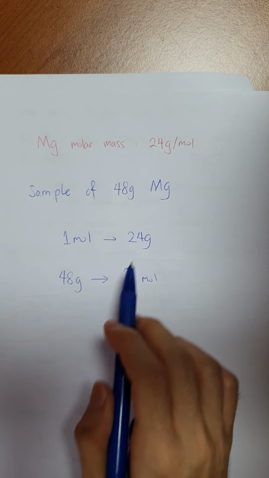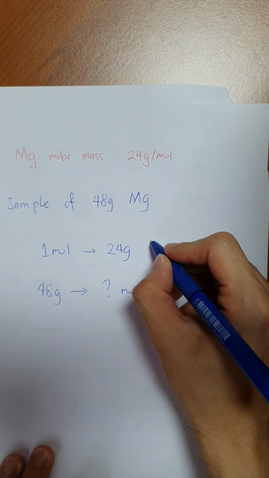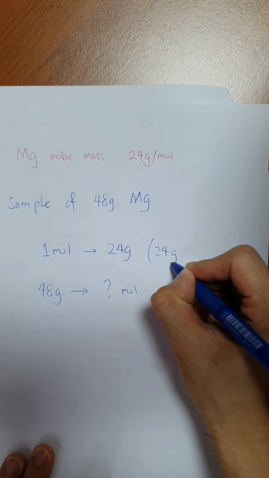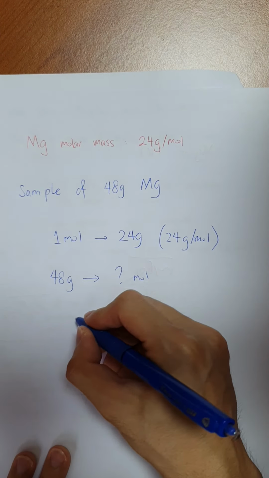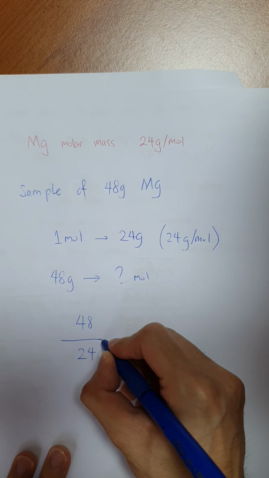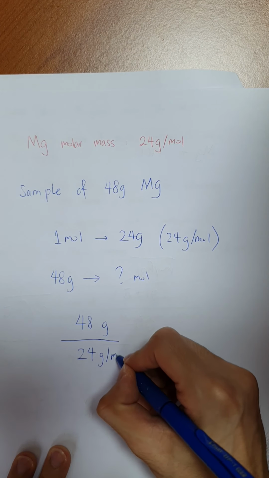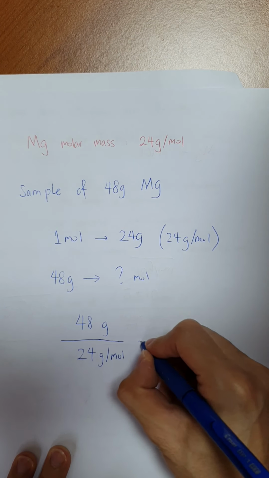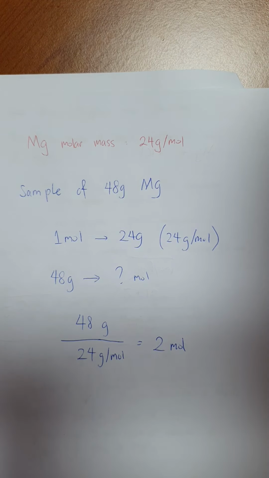But I already know that 1 mole represents 24 grams. So in this case, what does that mean? It is 24 grams a mole, right? So all I have to do is use 48 to divide by 24. 48 grams divided by 24 grams per mole, and this will give me an answer of 2 moles, right?